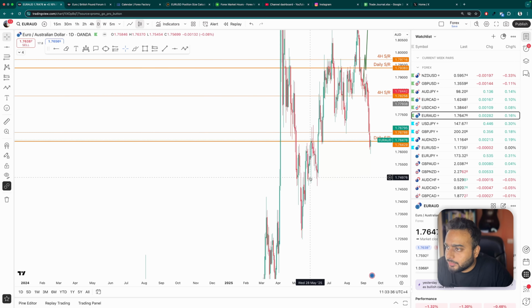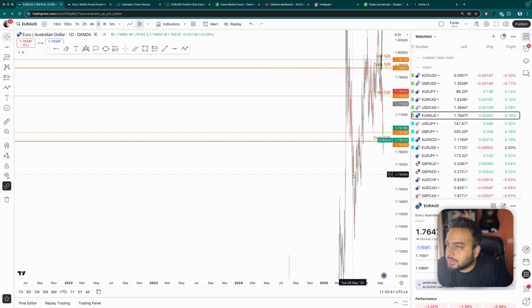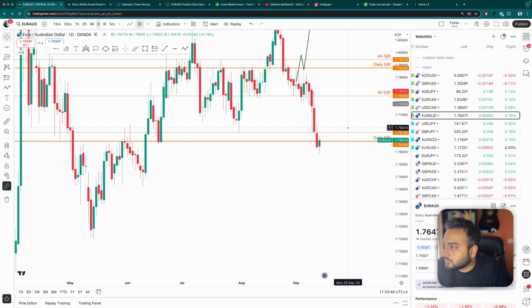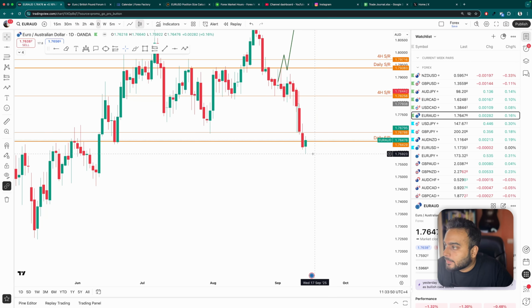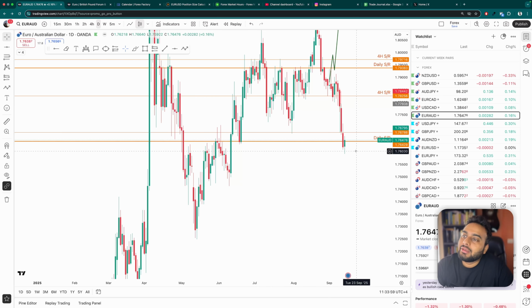Reason being, I'll tell you. First, let's check everything we can see. Now the reason this might be a good pair for us is, right here it gave a breakout and a really nice retest because the candle closed way lower than the support line.